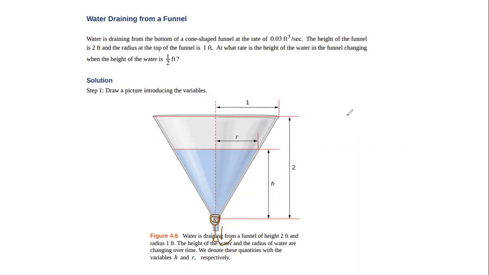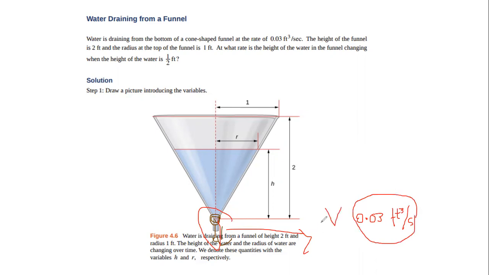So from this point, from the bottom, the draining rate is 0.03 feet cube per second. Okay, so this means that the volume dV/dt, the change of volume with respect to time, is 0.03 feet cube per second.